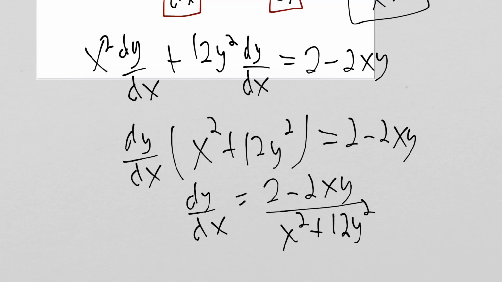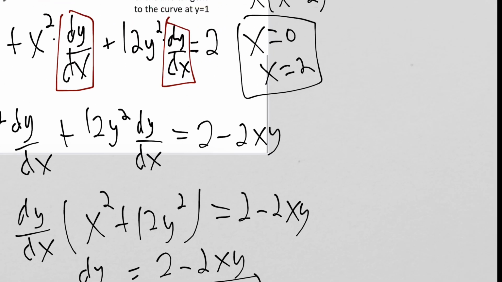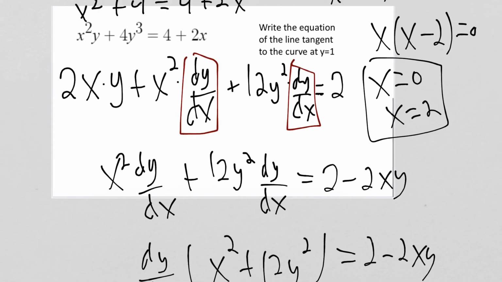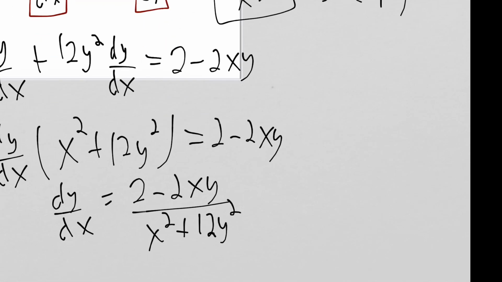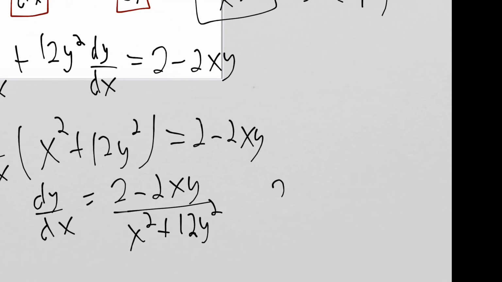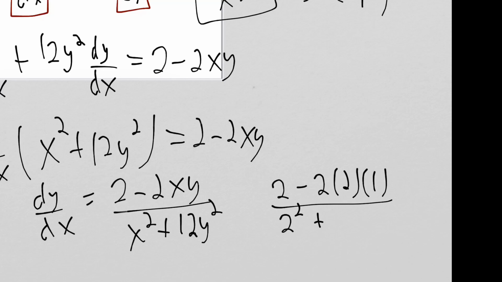Okay, so let's start with our points at x equals 2 and y equals 1, right? So we'll use this one first, 2 comma 1. Okay, so we have to plug in x equals 2 and y equals 1. So we get 2 minus 2 times 1 over 2 squared plus 12 times 1 squared.